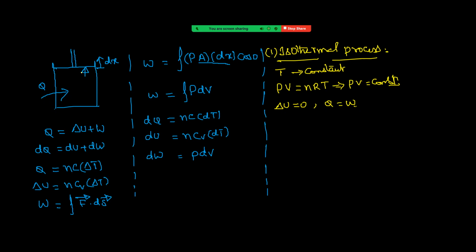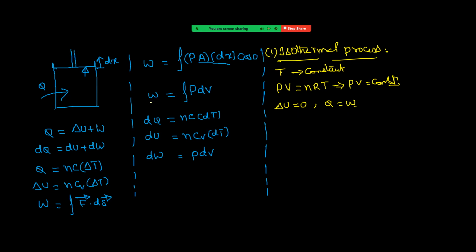When the process is taken very slowly, it has sufficient time to exchange energy with the surroundings. That's why the process must be done very slowly. So condition one, the vessel must be conducting and the process must be taken very slowly. Now delta U is 0, Q equal to W, and let us see how to calculate the W value.